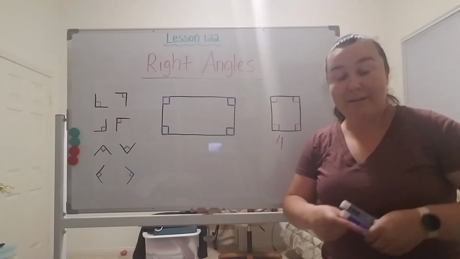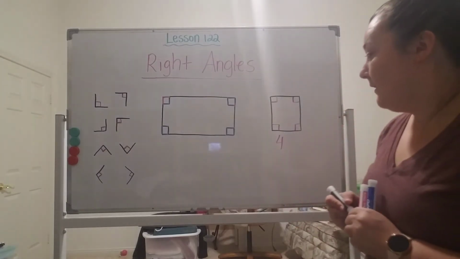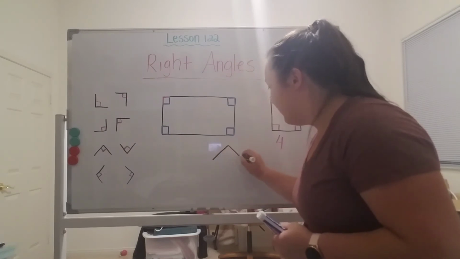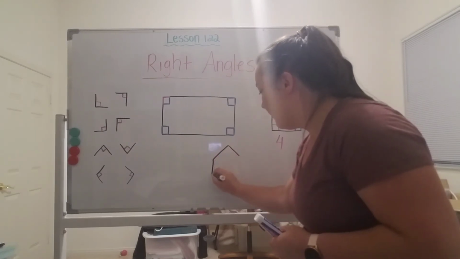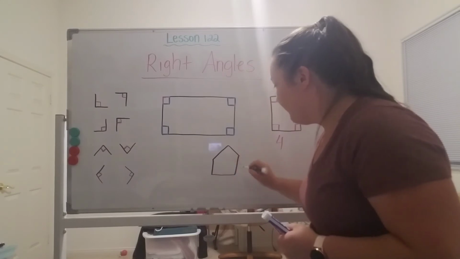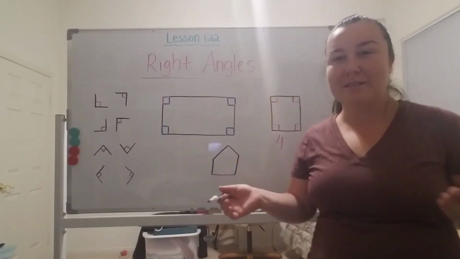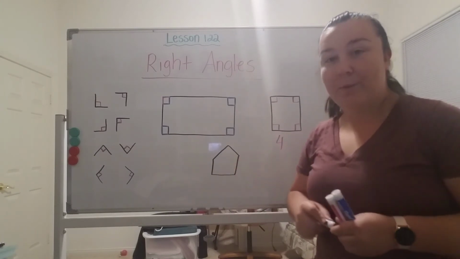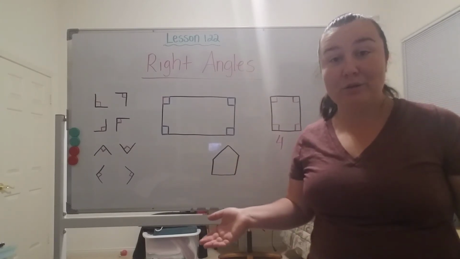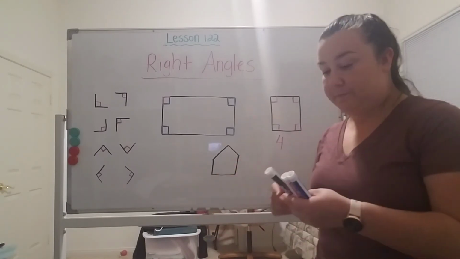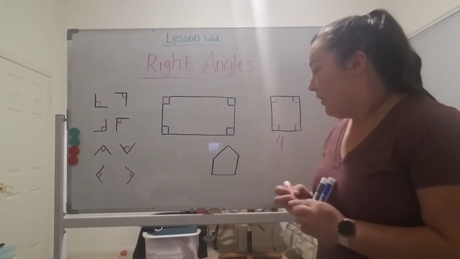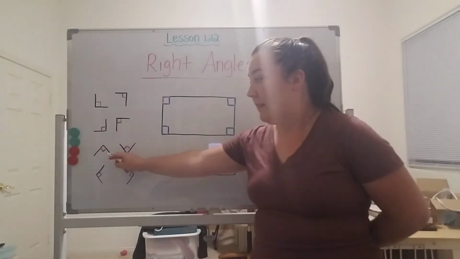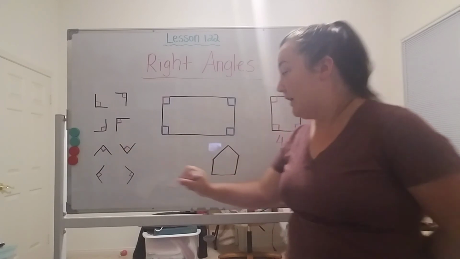Now, what if I had this shape here? It looks kind of like a house. How many right angles could we have here? Do you remember how I said it can be like this, where you can create a right angle here?